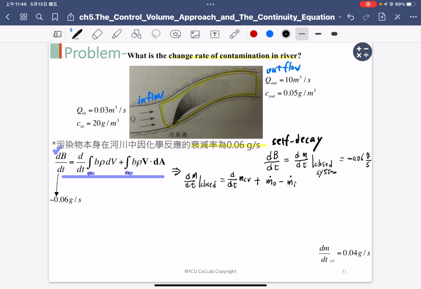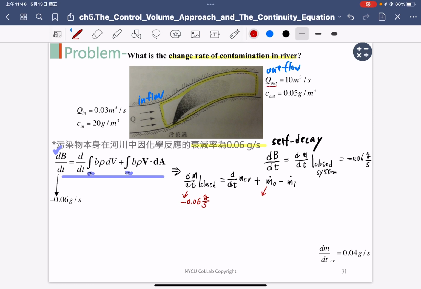As I mentioned, we already know this item equals minus 0.06 g per second. So how about the mass flow out?